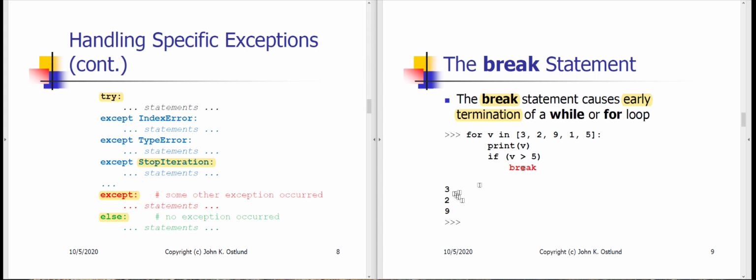Well, in fact, we do encounter the item 9, all right? So we print the 9, and because 9 is greater than 5, we break, and we get out and don't continue looping through for the 1 and the 5.